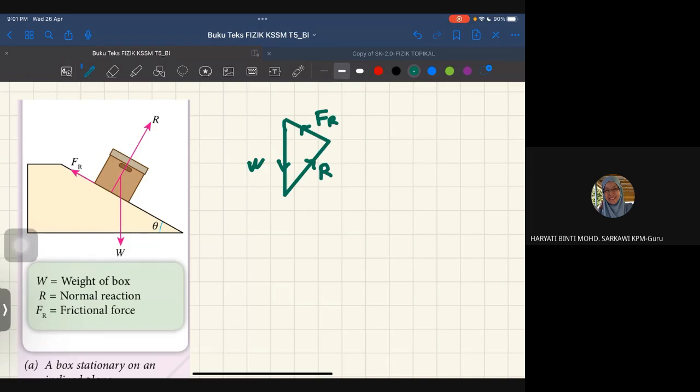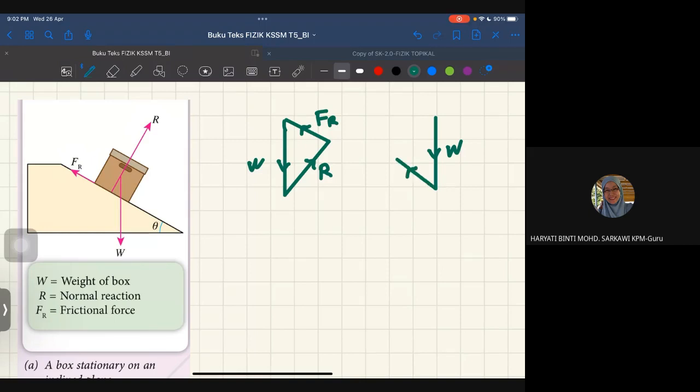So you see, we don't change the direction. R is still the same as this. W is 90-degree downward, and then FR is here. Boleh ha? So let's say we don't want the second one to be R, let's say we want it to be FR. Will we get the correct diagram or not? Let's say this is your W. Okay, FR, draw the second one. FR, put here.